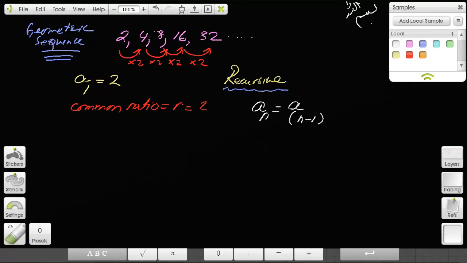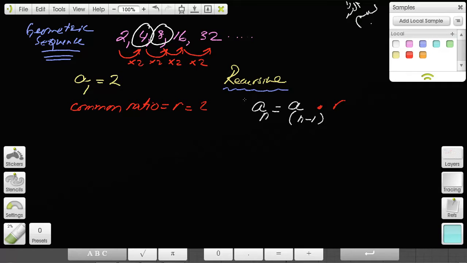What do you do to 4 to get to 8? You multiply by 2. What do you do to 8 to get to 16? You multiply by 2. To get the nth term, you take the previous term and multiply it by the common ratio, r. So the recursive rule for geometric sequences is you take the term before it and multiply by the common ratio, and ta-da, you got your term. Easy enough, right?